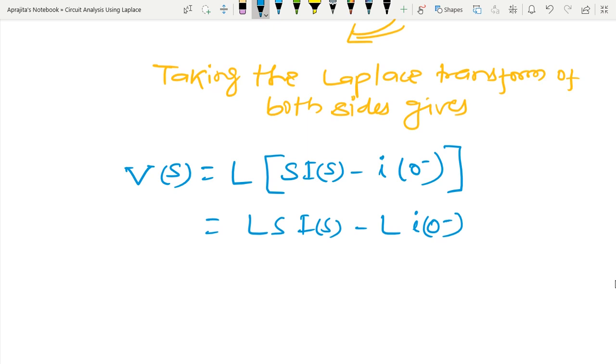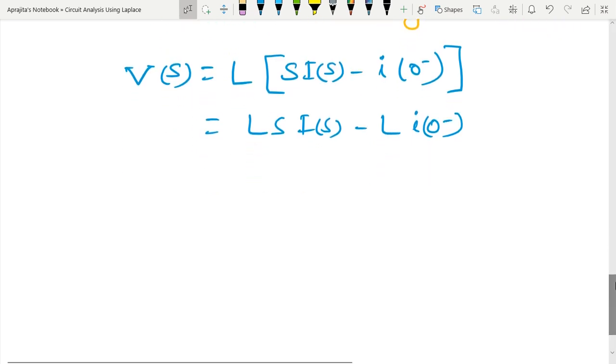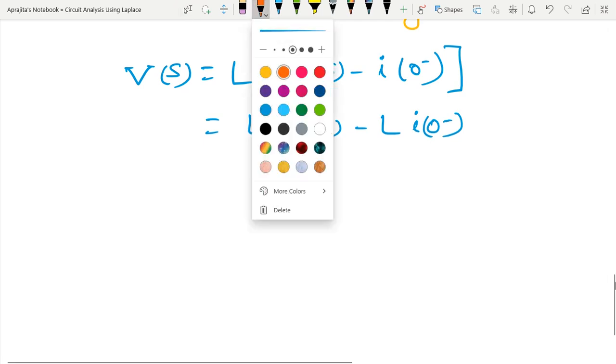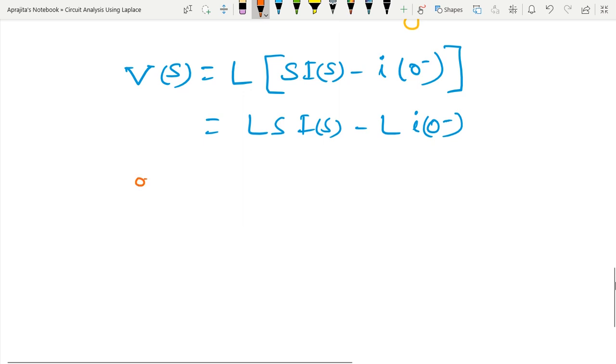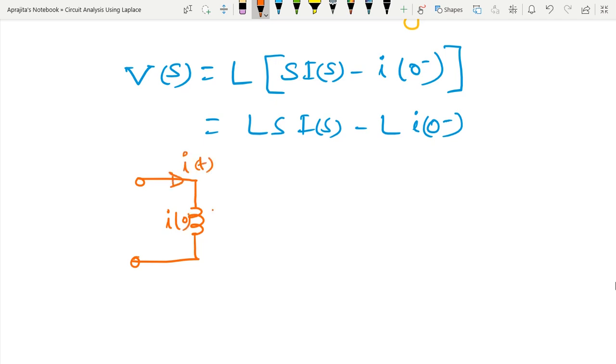So basically, if you draw this circuit in frequency domain, initially I have the above circuit. Again, to see it more transparently, I am going to draw it again. So initially I have a circuit like this. Here I have initial condition I0, and I have some current i(t) here, and this is L, and the applied voltage is v(t). Now I am going to transform this into the Laplace domain.